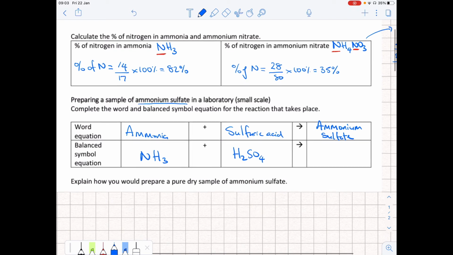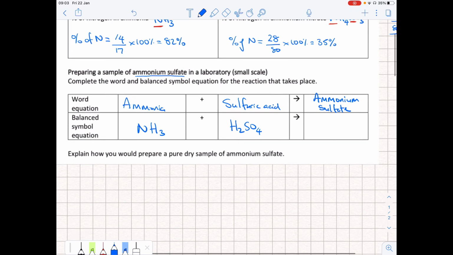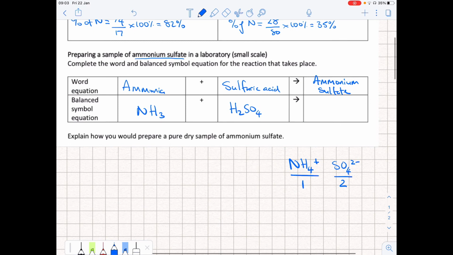Ammonium sulphate, let's have a look at this one. Let's use our technique to work out the formula. The ammonium ion is NH4+, and because it's a single plus, it wants to form 1 bond. The sulfate ion is SO4 2-, a double negative ion, therefore it wants to make 2 bonds. Cross these over. So the formula is NH4.